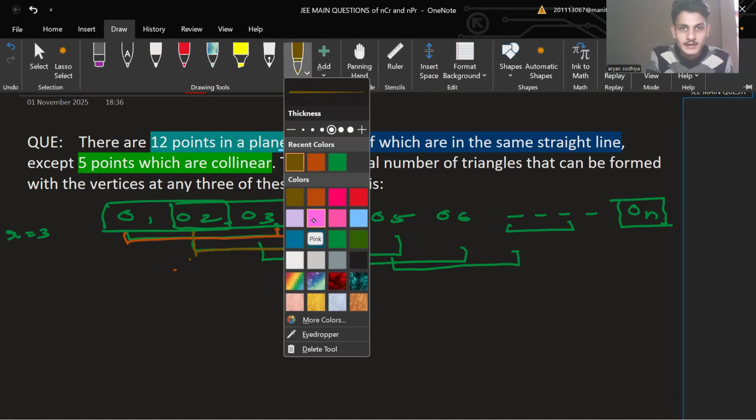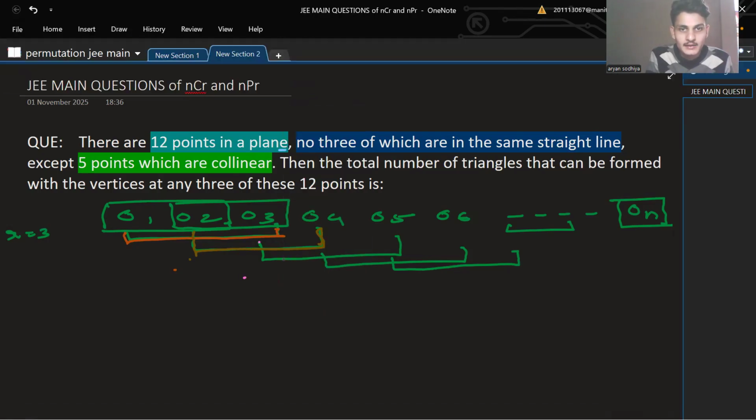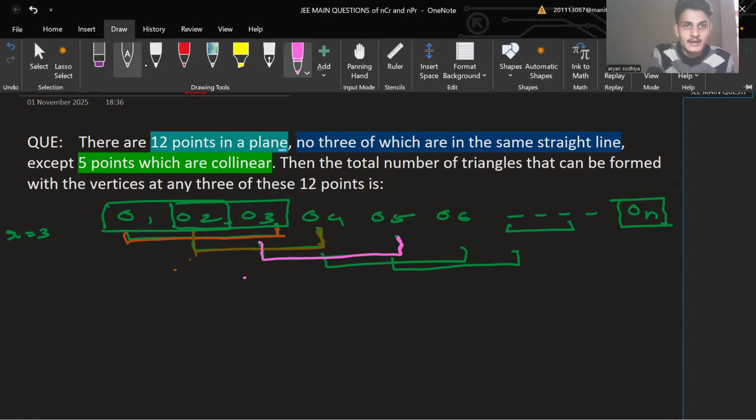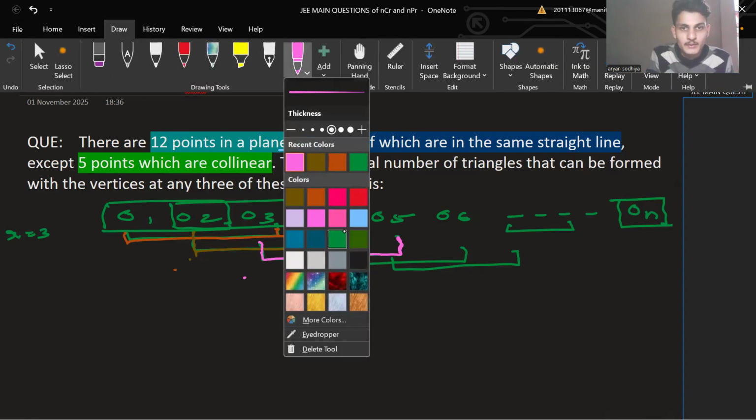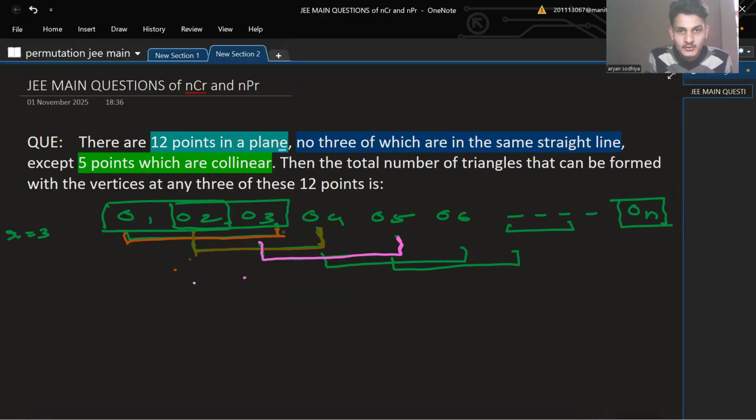Then again I use a pink color, and one more group is possible. Then we can use another color, let's say lavender, for one more group.